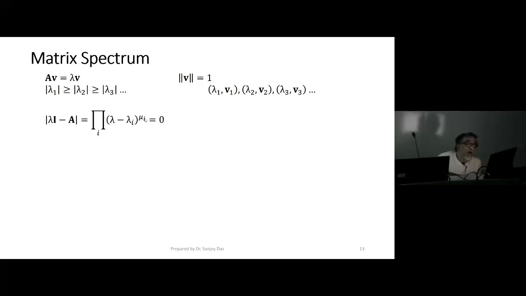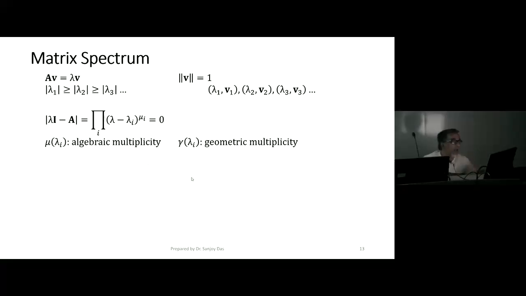Lambda minus lambda i to the power mu i is one of the factors of the characteristic polynomial, and mu of lambda i is the algebraic multiplicity of the eigenvalue, the number of times lambda i repeats.